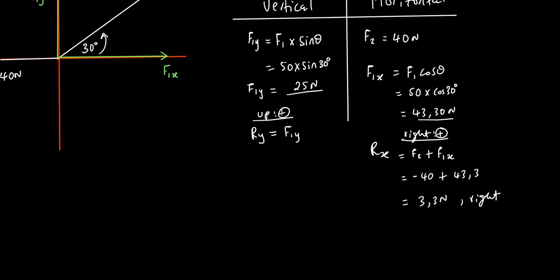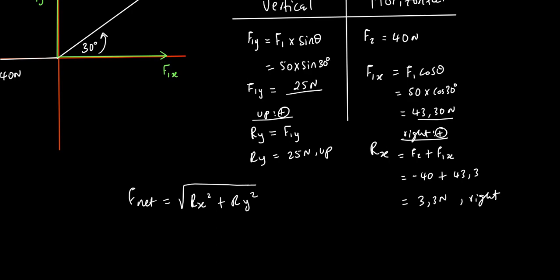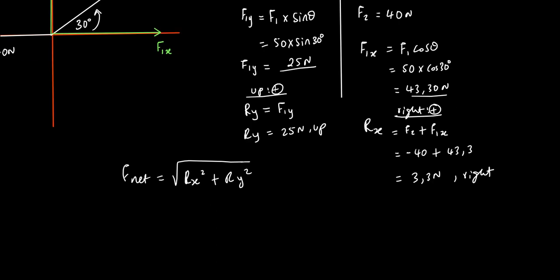Now to get F net, you simply say it is the square root of Rx squared plus Ry squared, more like Pythagoras' theorem. Therefore your F net is the square root of 3.3 squared plus 25 squared.